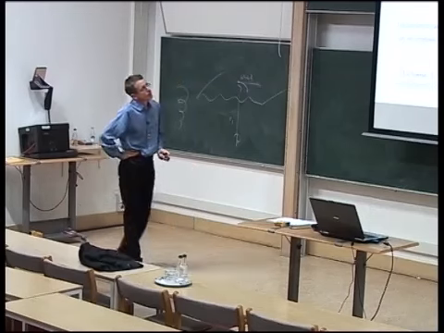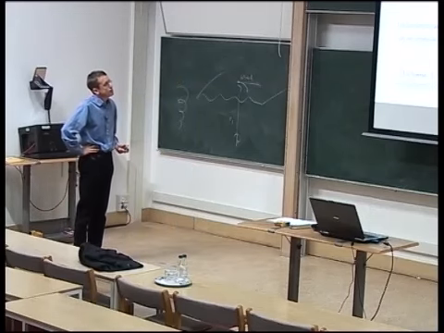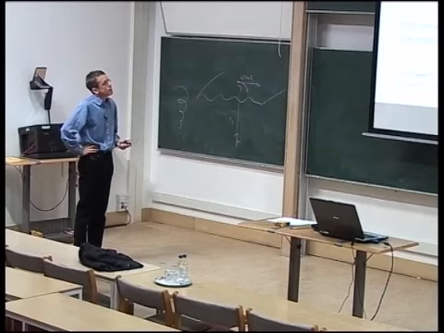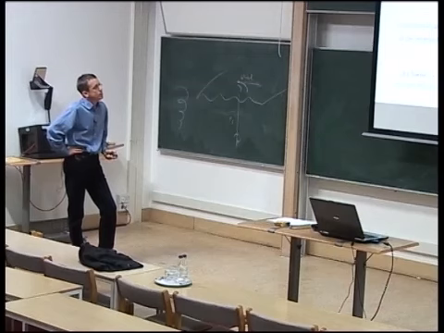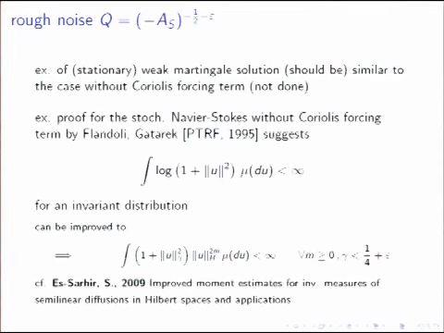And I would just mention that these a priori estimates can be improved to polynomial moment estimates for any power n in this H norm of the velocity and any index gamma less than 1/4 plus epsilon.